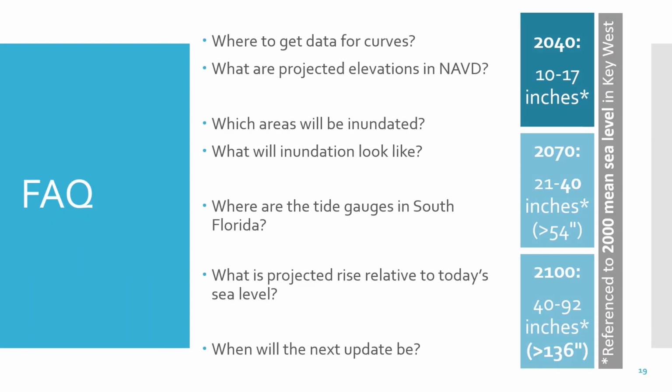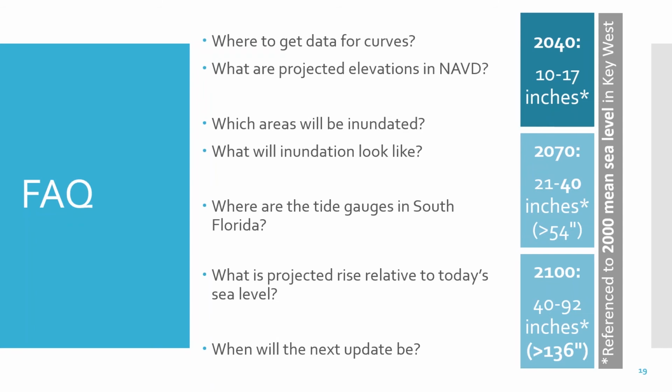These are the frequently asked questions related to the Unified Sea Level Rise projection. Where can I get data for the curves? The curves, as well as the guidance document, are posted on the Compact website, southeastfloridaclimatecompact.org. The guidance document itself contains all the values for the curves.